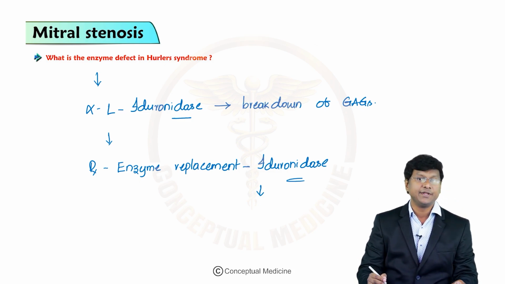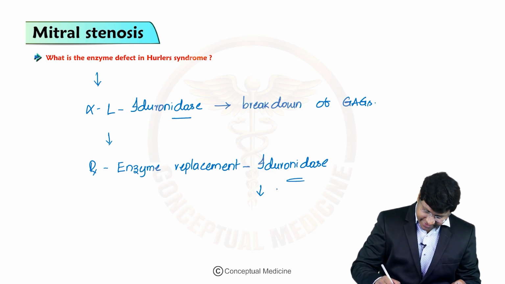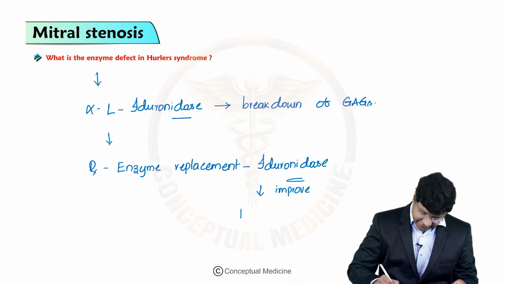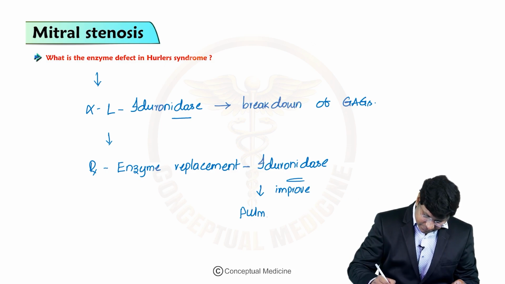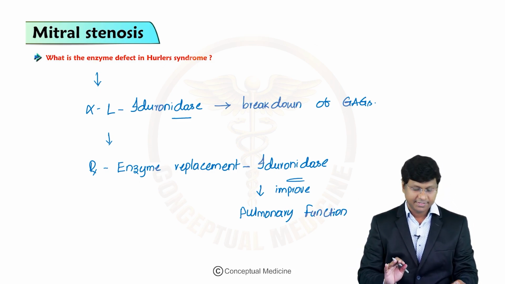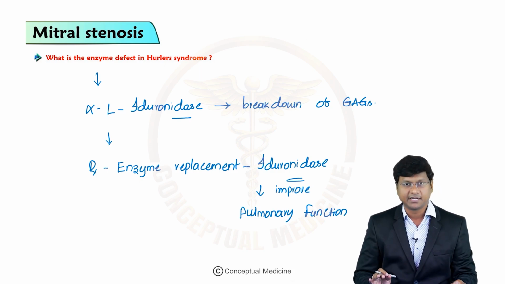When the enzyme replacement is done with iduronidase, that will improve the pulmonary function. So that is about the enzyme defect in the Hurler syndrome.